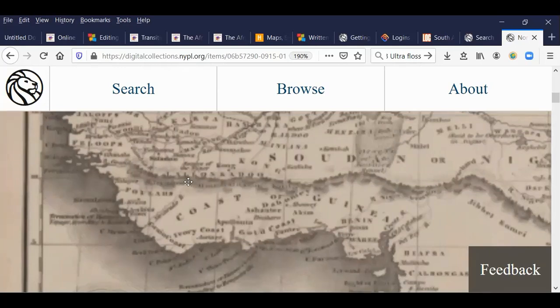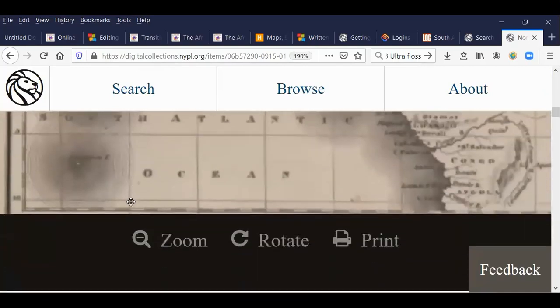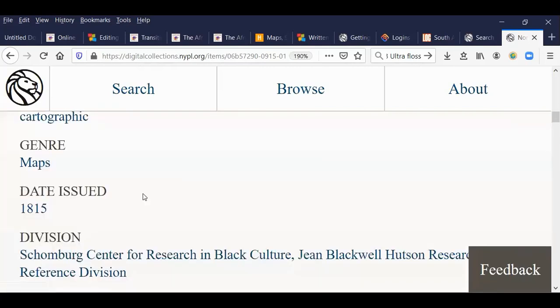They're in the imagination of people on the coast who are hearing talk about what is to the interior. There's a region that's indicated as Kong, and there is an attribution to that area in these maps, this one in 1815.